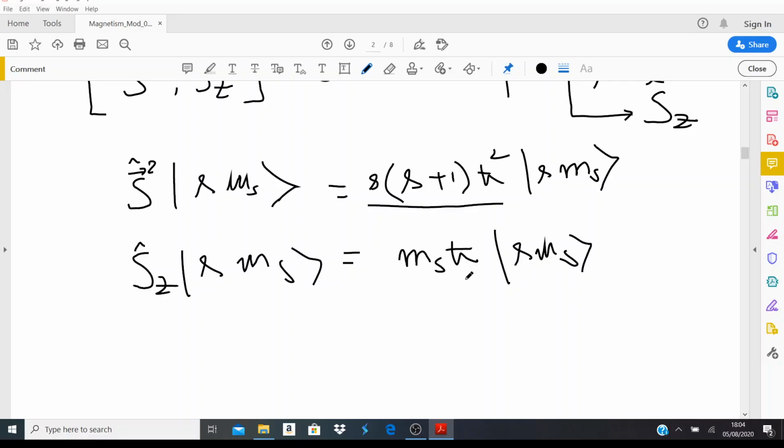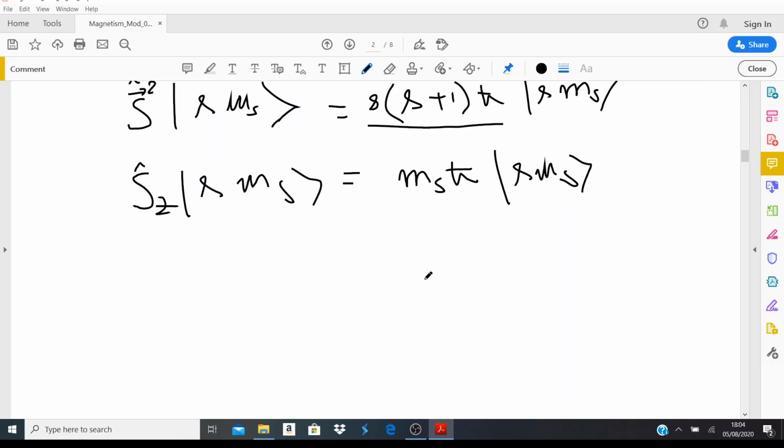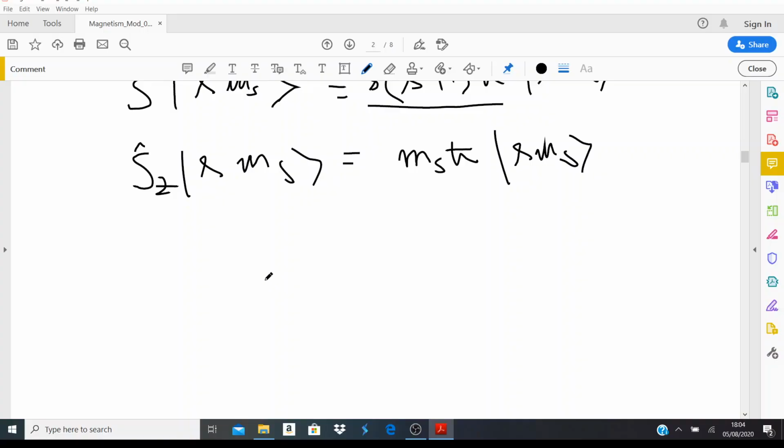And the range of this Ms is another important point to remember: the Ms quantum number will always lie between minus s and plus s. And the important thing to remember is that for a single electron, this s quantum number is always plus half.